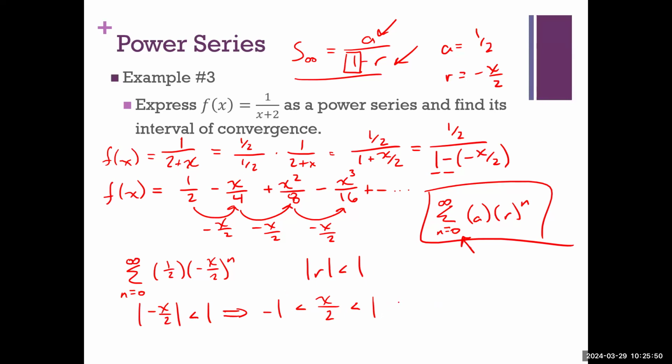Absolute value. You have to put the negative there, or it would mean I remove the negative and the absolute value from here to here. Yeah, you can take the negative off.